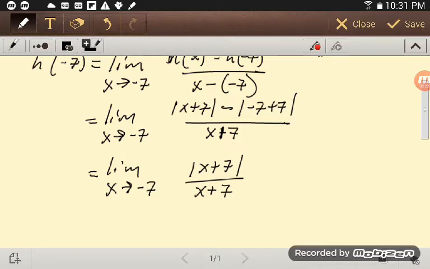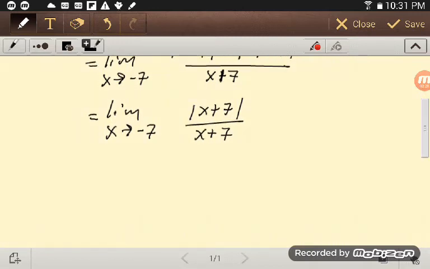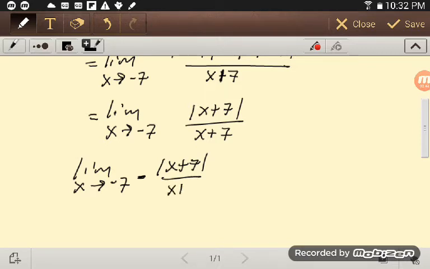Oh wait, or does it look like 1? And this is where you have to be careful. Notice that if we take the limit as x goes to -7 from the left of the absolute value of x plus 7 over x plus 7, I can get rid of the absolute values because I know where x is. It's smaller than -7.